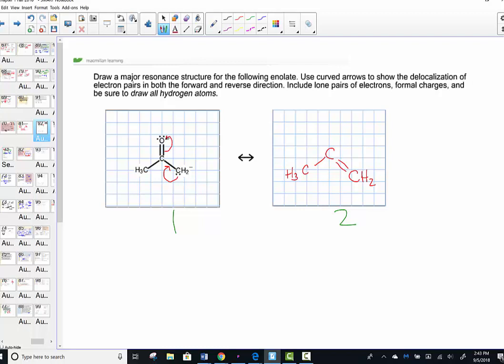We have to develop a negative charge somewhere. Remember, the molecule must retain the same overall charge, which was -1. So I'm going to take what used to be the double bond, take those pairs of electrons that are forming a bond and make them lone pairs. And there's my formal charge now on the oxygen as a -1.